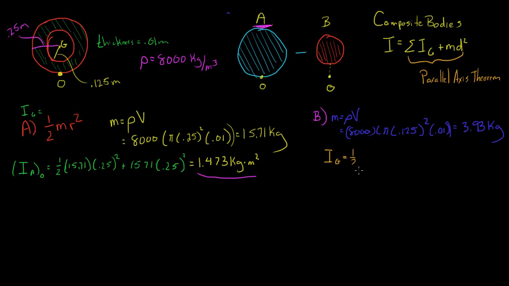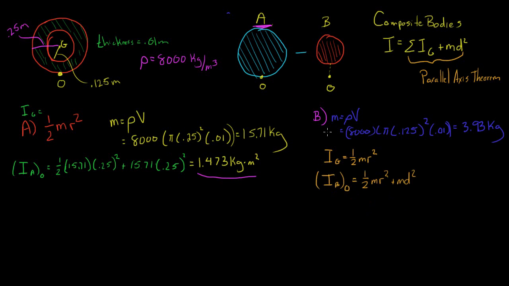Well, it's still a thin disk, so our moment of inertia about the center of mass is going to be, again, 1/2 m r squared. Our moment of inertia of B about point O is going to be equal to 1/2 mr squared plus md squared.